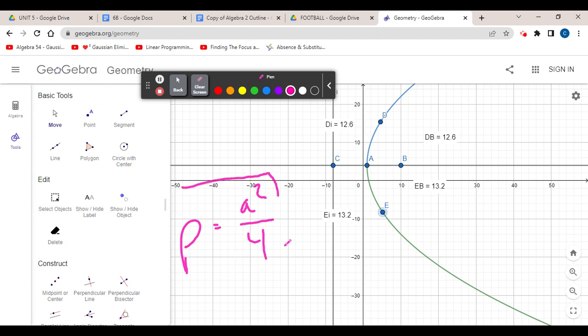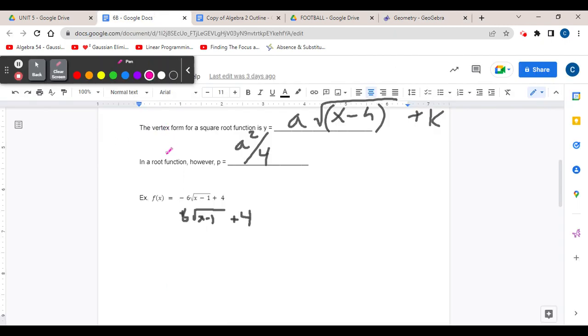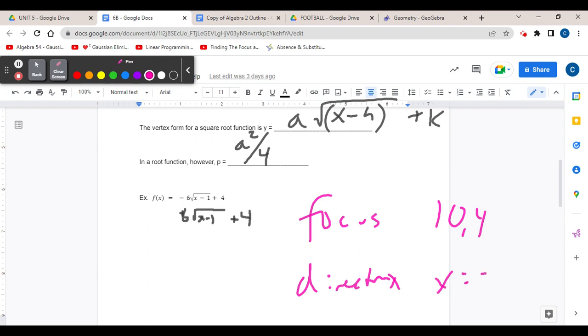That's the essence of these notes right here. So p is a squared divided by 4, and we found our focus was 10, 4 and the directrix was at x equals -8. And so that's that.